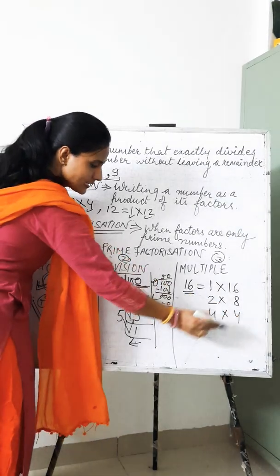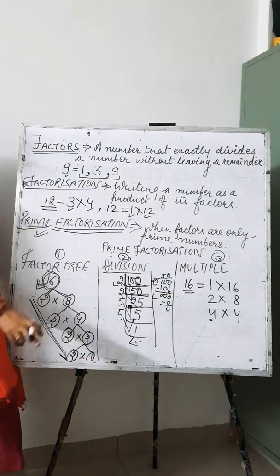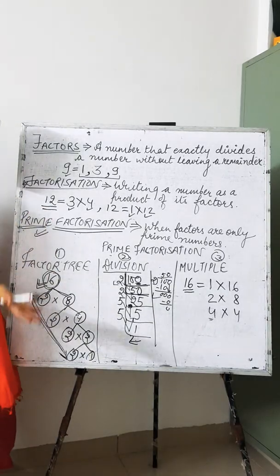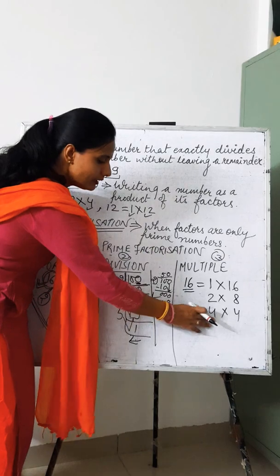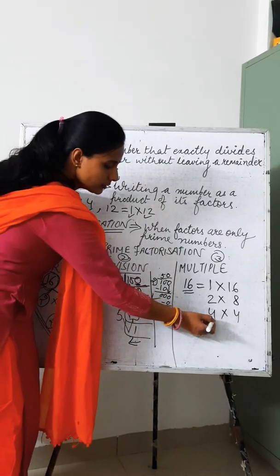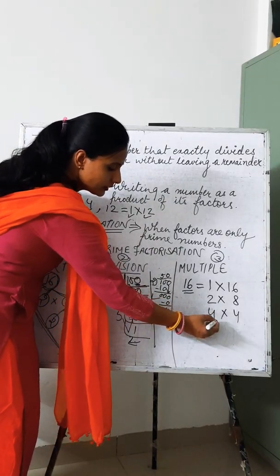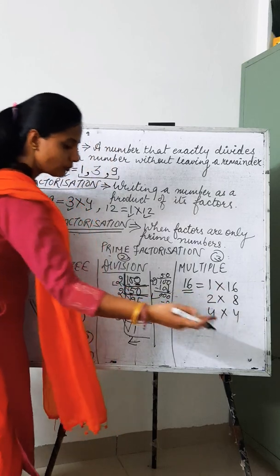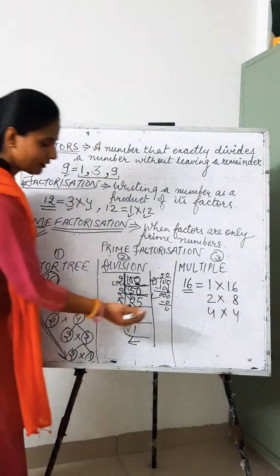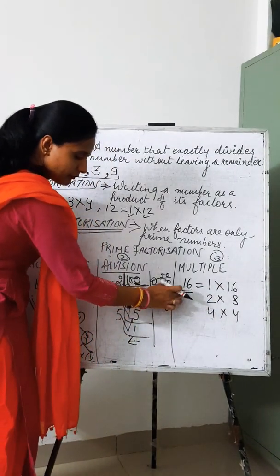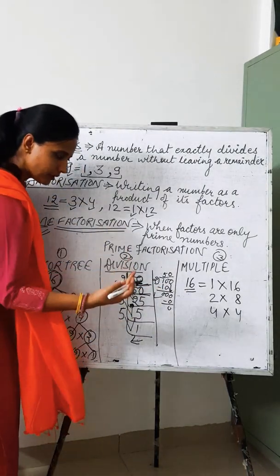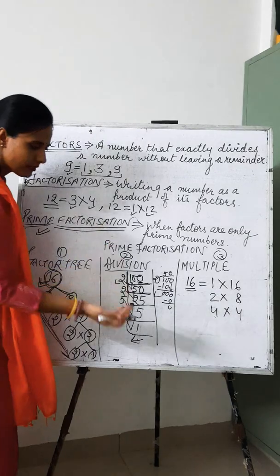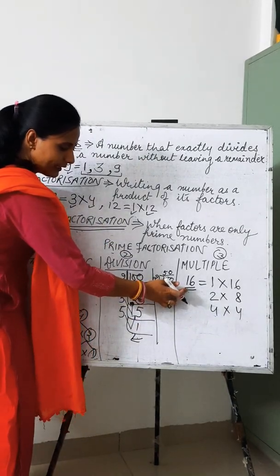4 4s are 16. As soon as I get ulta pulta, meaning reversed order, if I check 5, it will not go with 5. 6, it will not go with 6. If I check with 7 also, it does not divide.